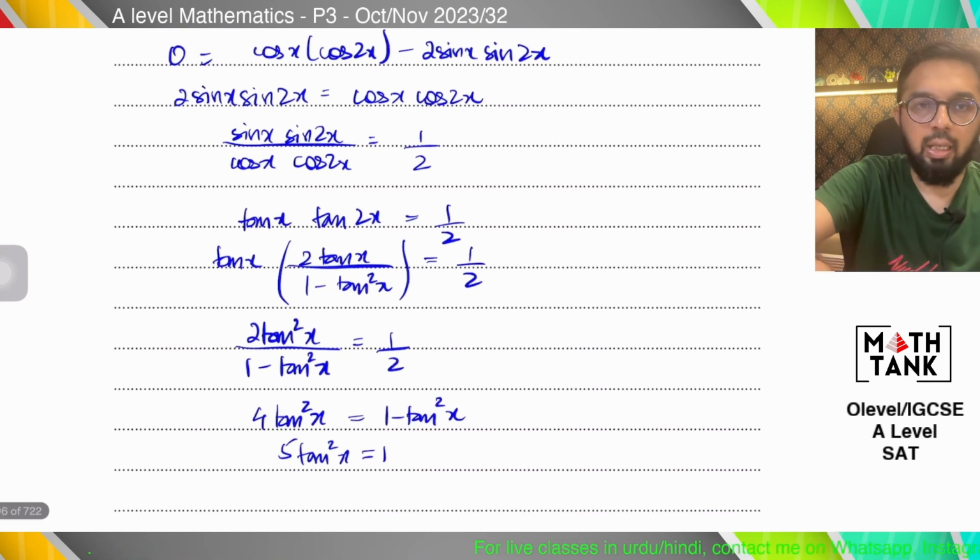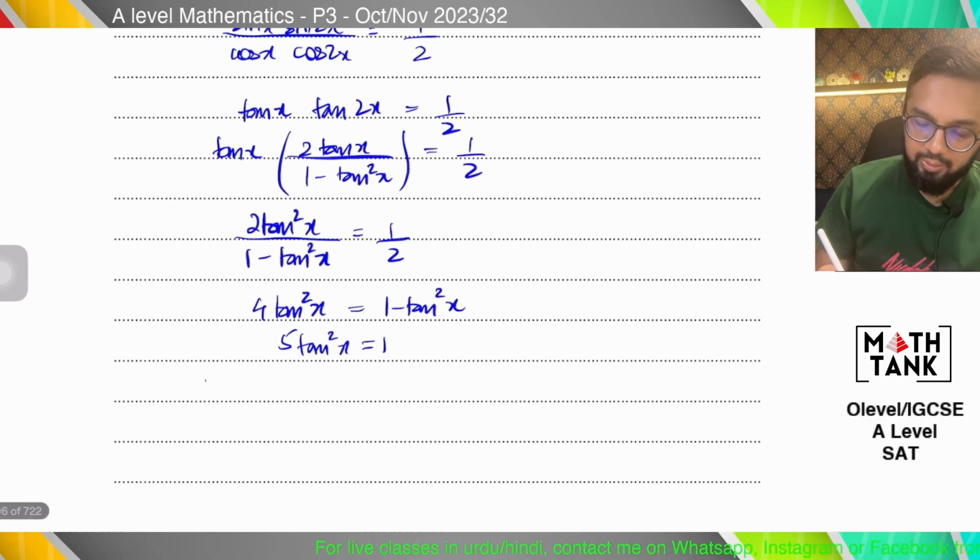Yeah, okay, I have it right. And then you're going to say that tan square x equals 1 over 5.